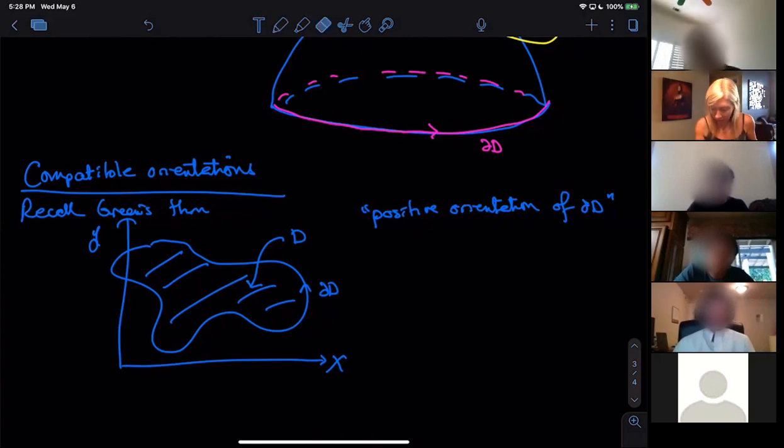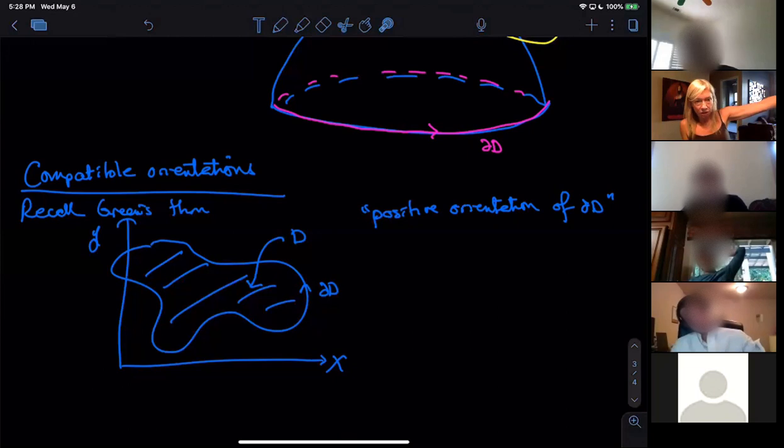And remember our rules for the positive orientation? It was pretty wordy. The idea was you have the positive orientation if, whenever you're walking along the boundary in the direction of the orientation of the boundary, the region is on your left. Do you remember that rule? Okay, so we're going to generalize that rule for compatible orientations for Stokes' theorem.